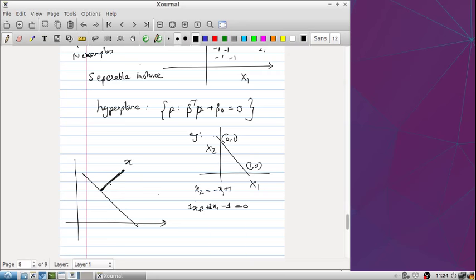What is the best way to draw this? You can actually think of these in terms of vectors. So there's an x vector, and there's a vector perpendicular to the line or the plane. This vector is going to be just a beta vector.